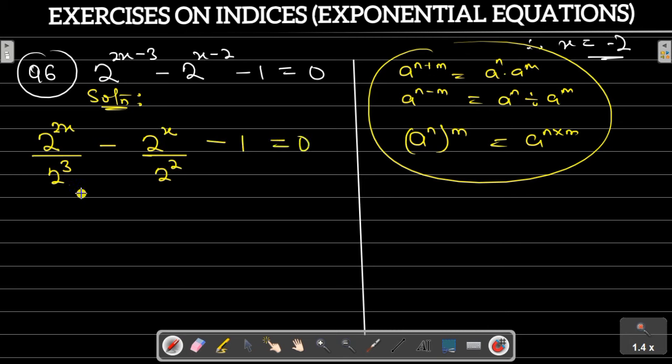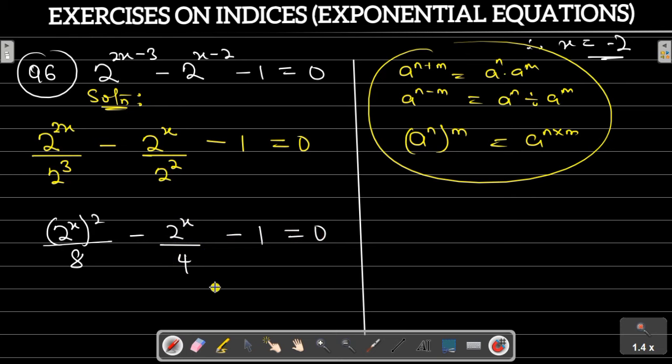Does it look scary? No, it doesn't. Very simple. Okay, so in the numerator, I will bring in 2 raised to the power of x all squared, because I'm already seeing that as the factor that will be substituted. Now simplify this to give you 8. Then 2 raised to the power of x, this one will give us 4 minus 1 equal to 0.